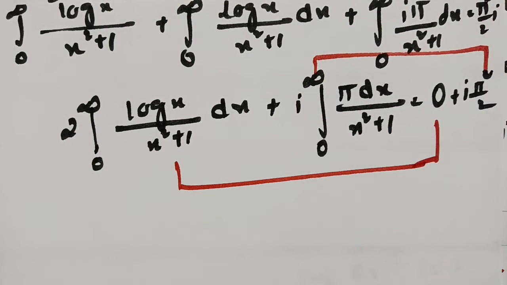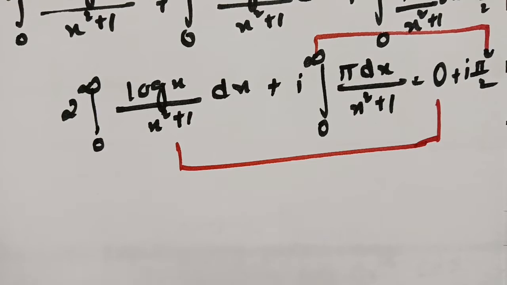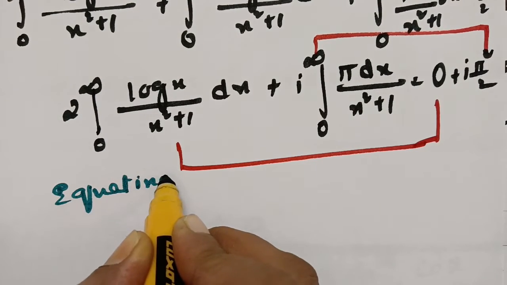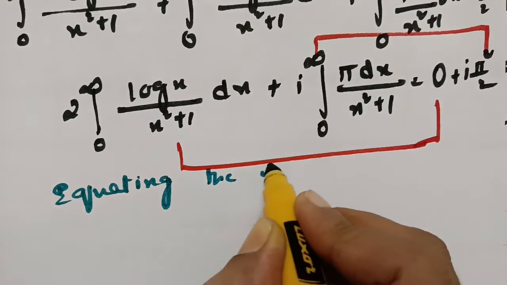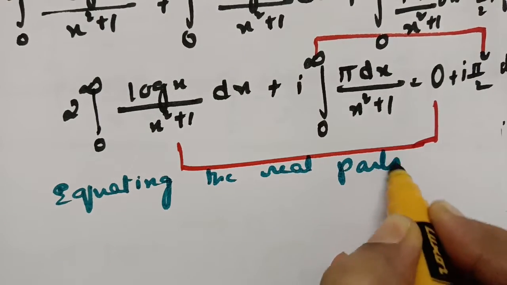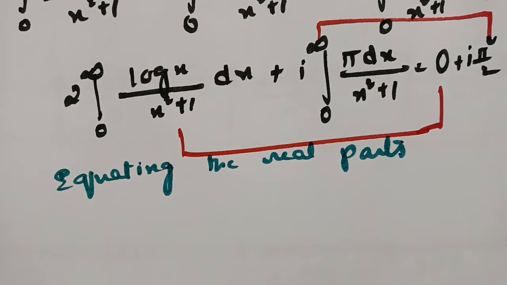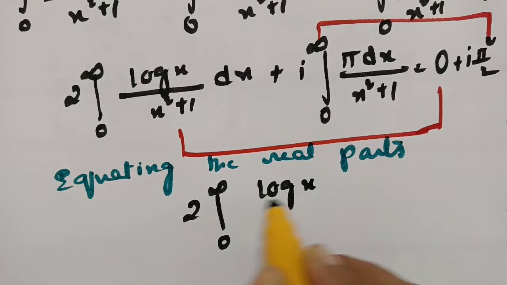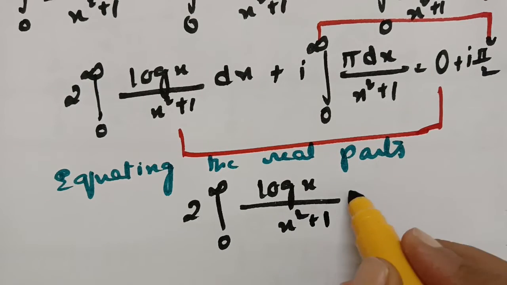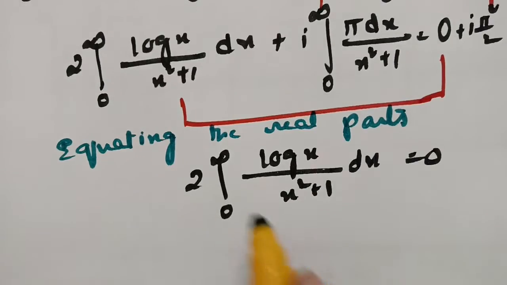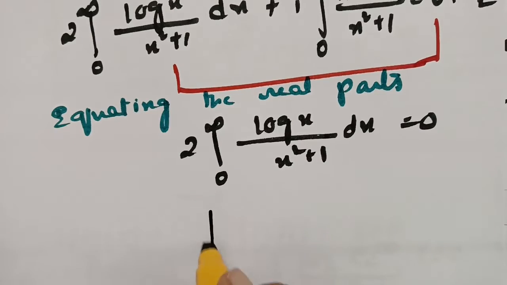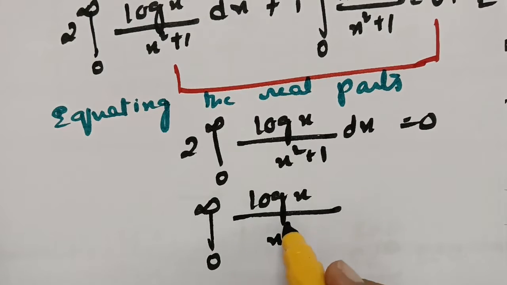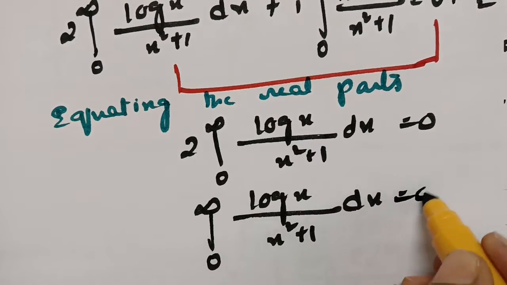So equating the real parts, this will be 2 times the integral from 0 to infinity of log x by x square plus 1 dx, which is equal to 0. If I send this 2 to the other side, the integral from 0 to infinity of log x by x square plus 1 dx is 0.